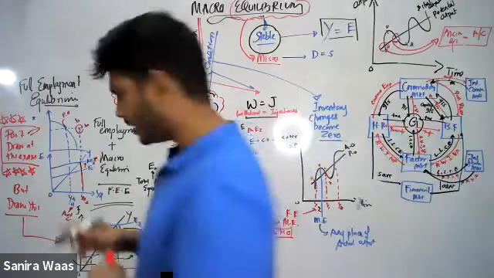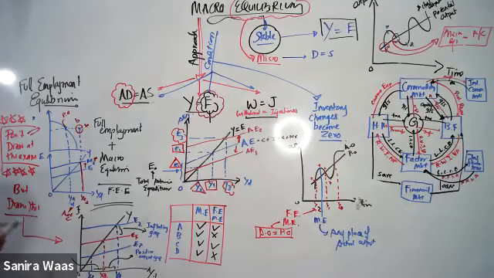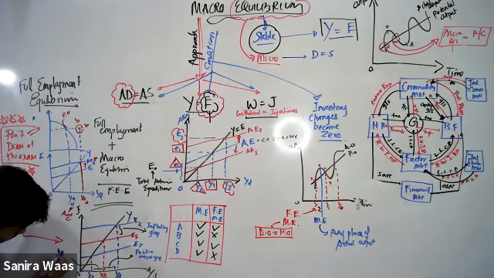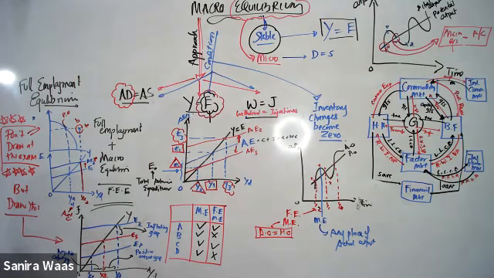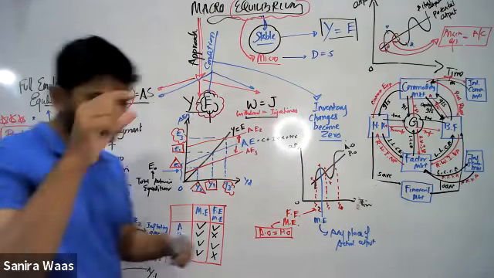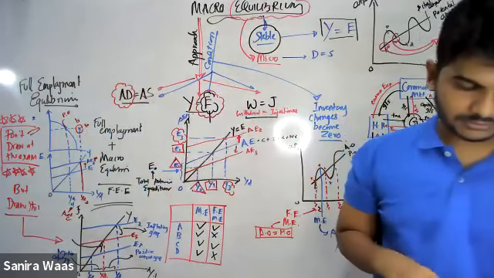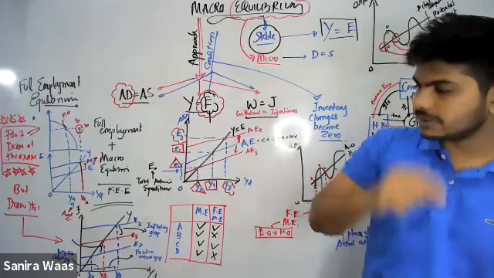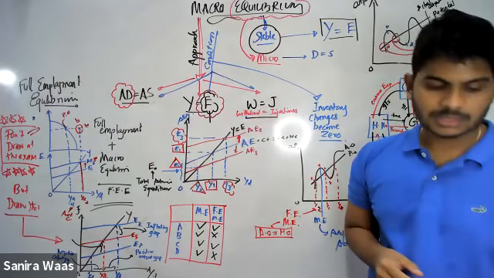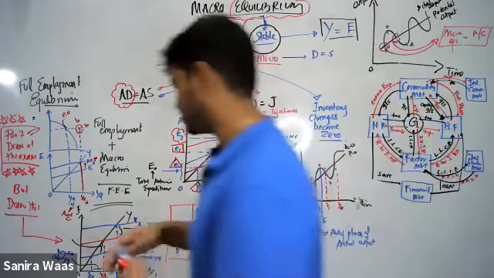Yes, that is your negative output gap. Then the next one, the height between these two. What's the height between your EF and E3? Yes, that is your deflationary gap.